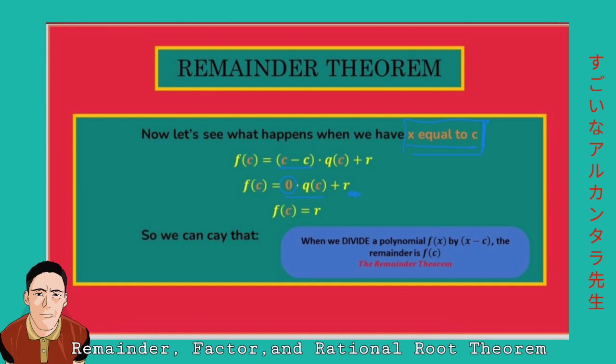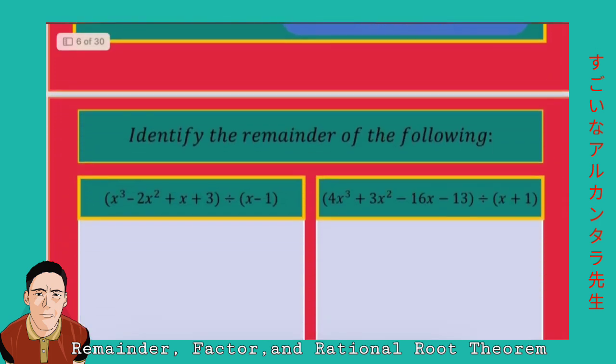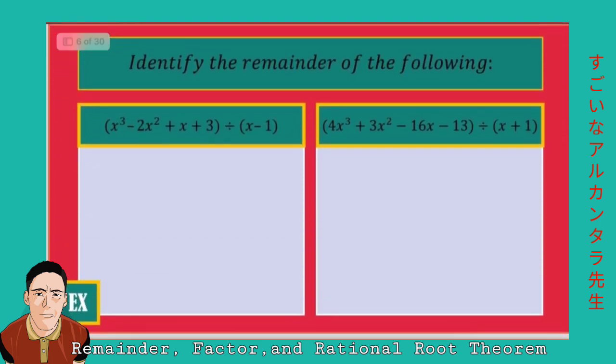Now, to make this much more clear, let's say that we have the following examples. Let's start with the first one. We have x raised to 3 minus 2x squared plus x plus 3 divided by x minus 1. Our divisor is x minus 1, so we equate this to 0, transpose negative 1 to the other side. Our x is equal to 1.